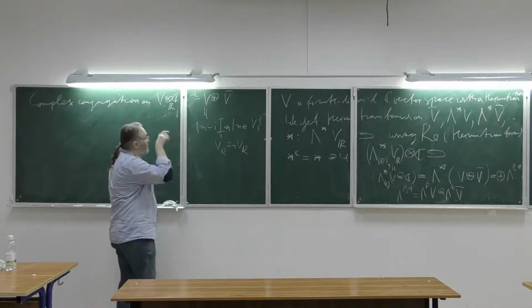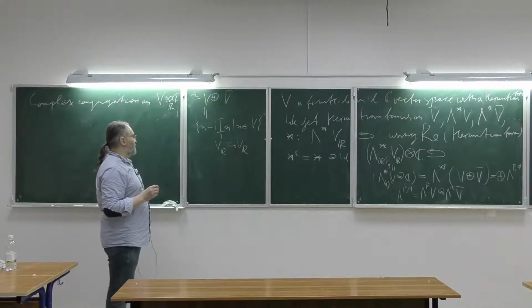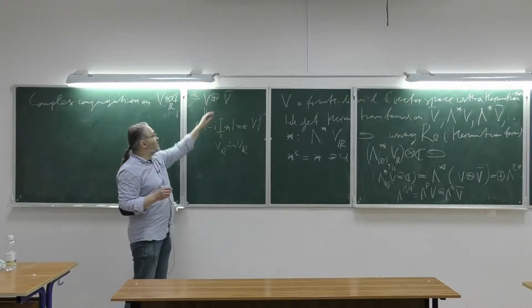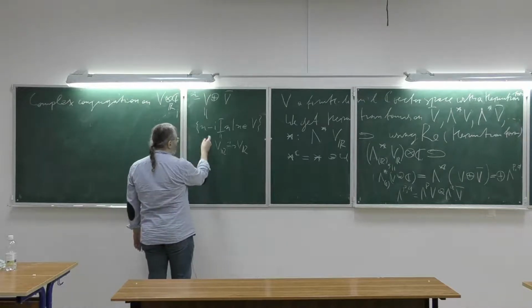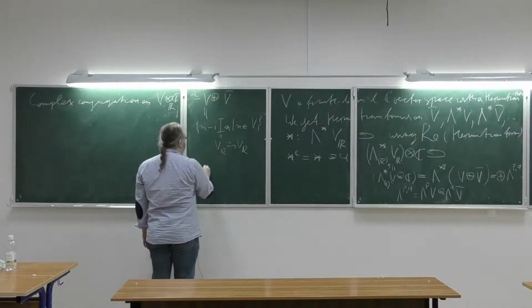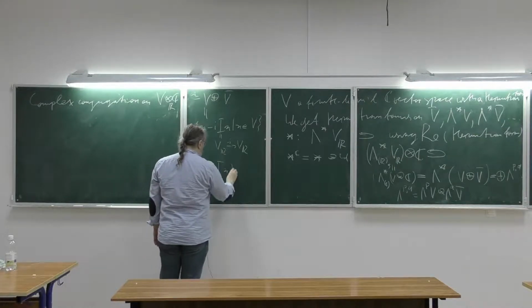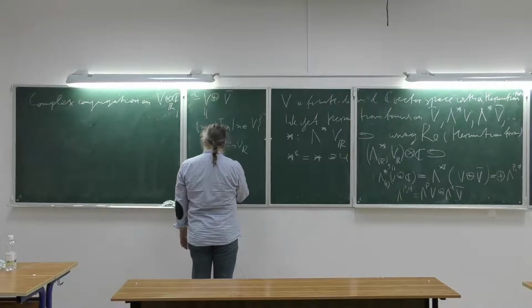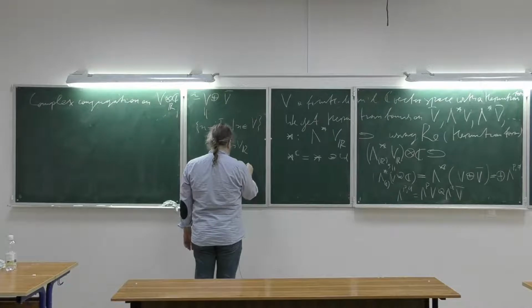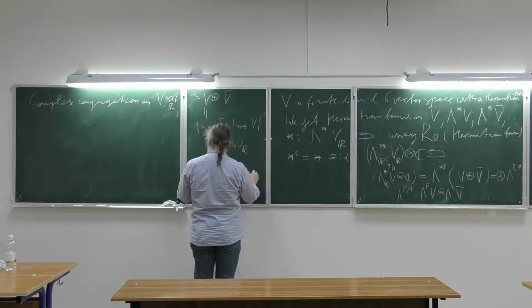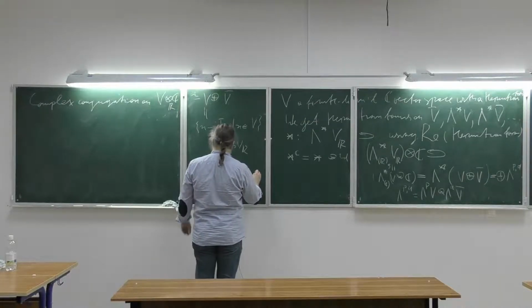Okay, so let's see. I want V to be the eigenspace which corresponds to the eigenvalue small i. I apply I to x minus ix, and I get ix, and then... okay.